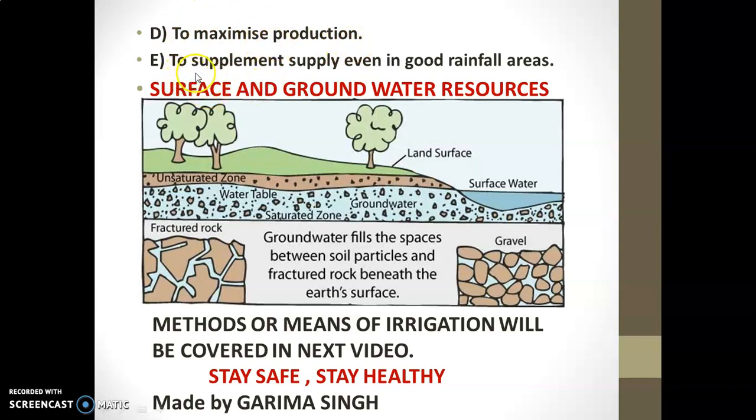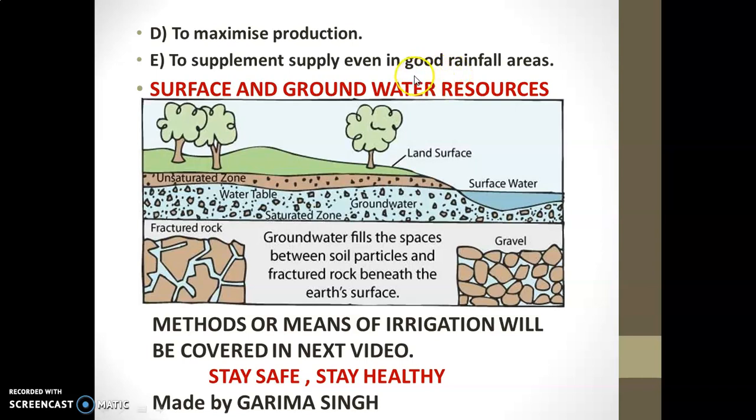And the next is to supplement supply even in good rainfall areas. There are certain states like West Bengal, Tamil Nadu, and some other states that receive very good rainfall. In these states, we are growing rice 3 times in a year.